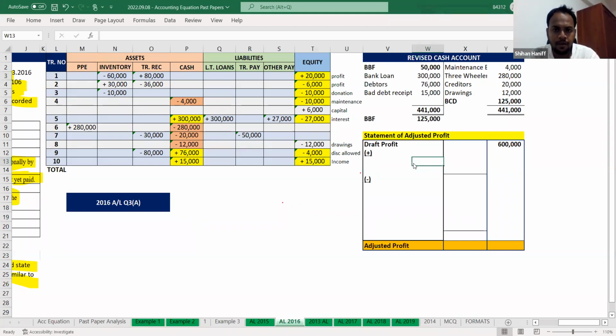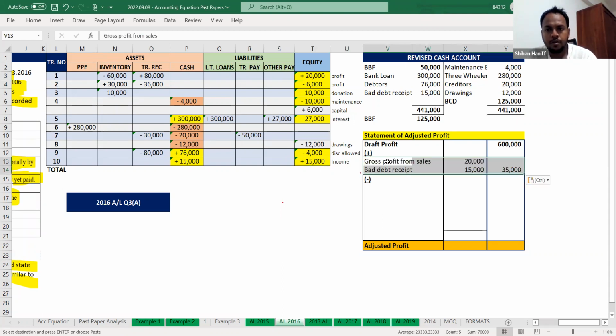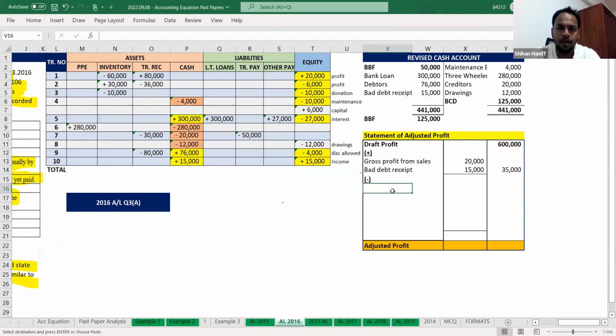So let's see. There are two pluses. One is the gross profit from sales. The other one is bad debt receipt.